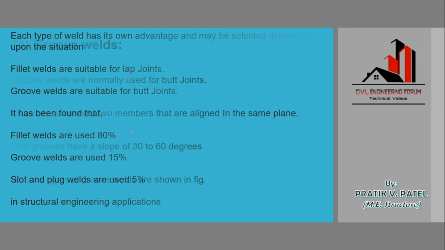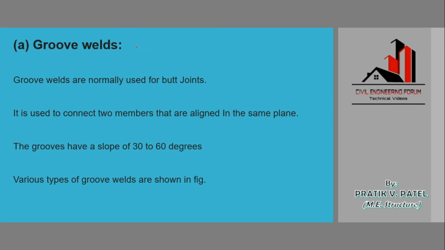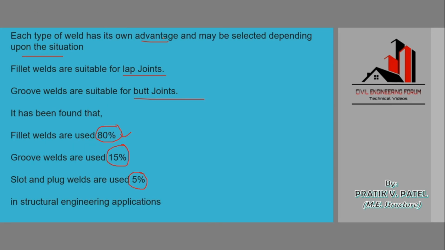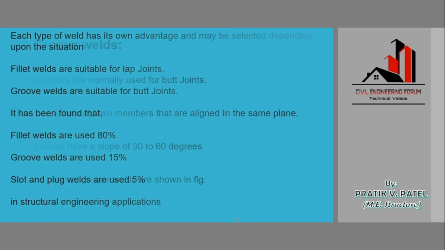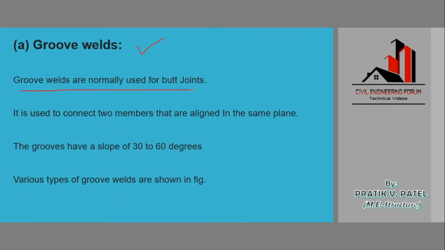Then talking about individual welds, the first is groove weld. Here as we saw the figure, we are going to talk about this groove weld. Groove welds are normally used for butt joint, as we discussed. It is used to connect two members that are aligned in the same plane, right?